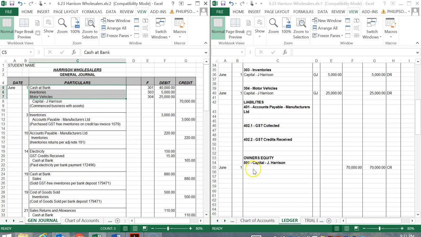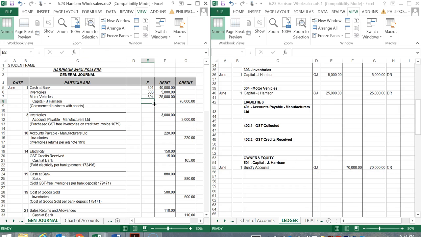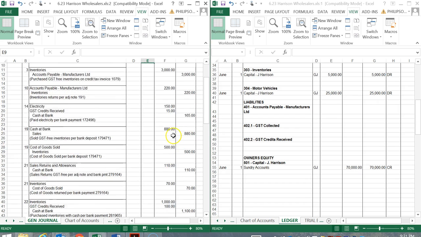We're going to take a little bit of a shortcut and type in sundry accounts. Sundry is a term we use to refer to miscellaneous or several accounts. So we go to the general journal, and we folio this as 501. That's the first journal entry done.